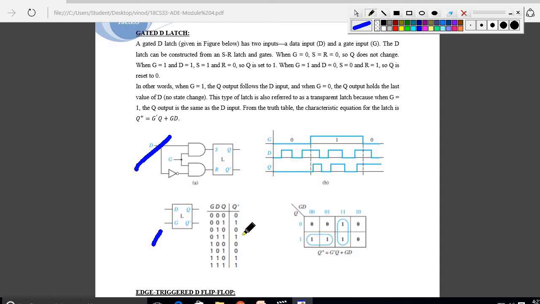Anyhow, don't write according to this, you have to write according to this and get the values of the expression.